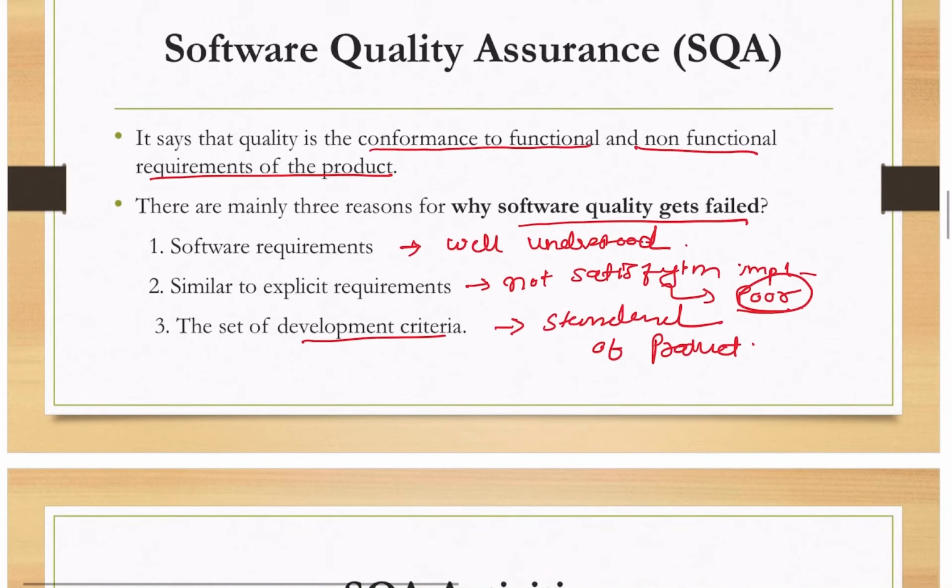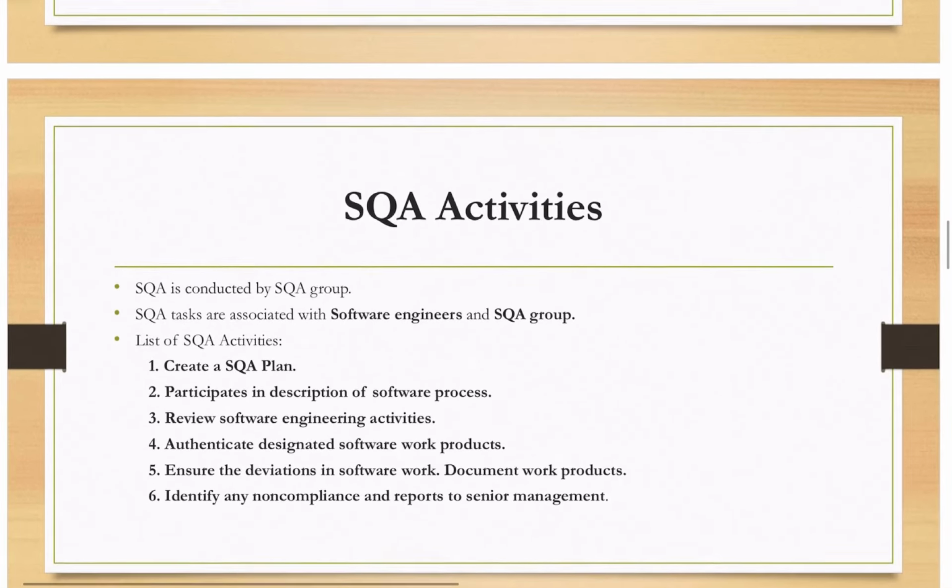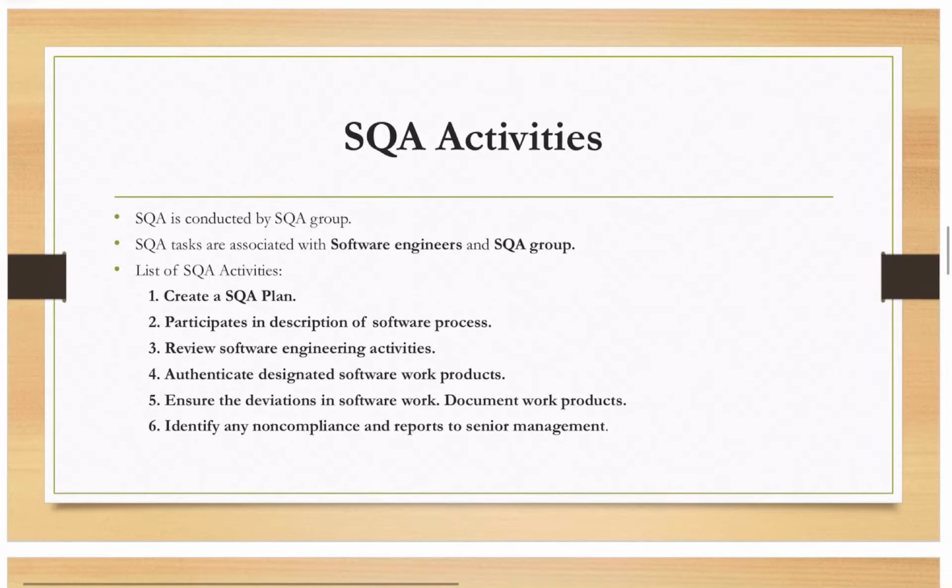Now, what are the activities involved in SQA? SQA activities are conducted by the SQA group, that is, the Software Quality Assurance Group. SQA tasks are associated with software engineers and the SQA group.